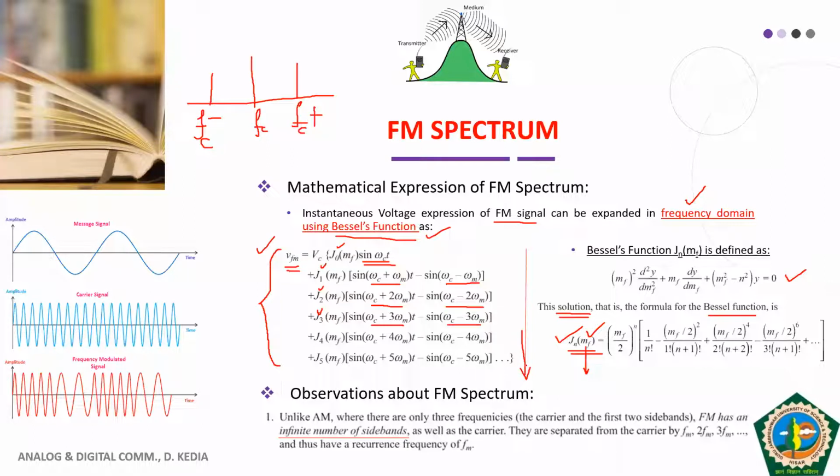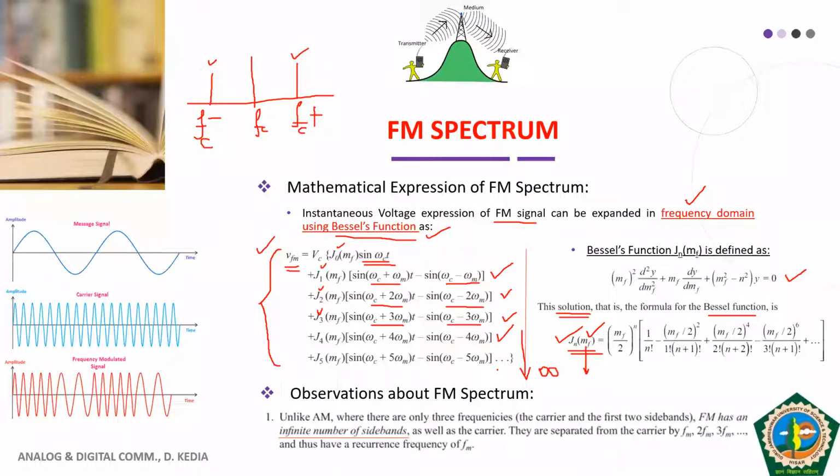So what does it mean? In case of AM, we had only two sidebands, lower sideband and upper sideband. Here, if you see carefully, J1 gives us the first order of sidebands, J2 the second order of sidebands, then third order, fourth order, and it goes on up to infinity. That means how many Bessel coefficients are present in this expression?